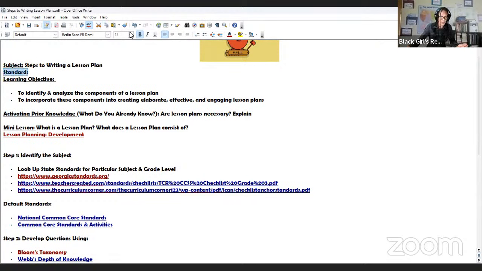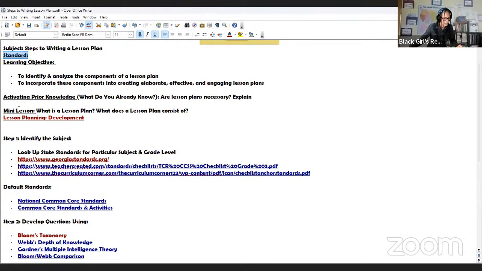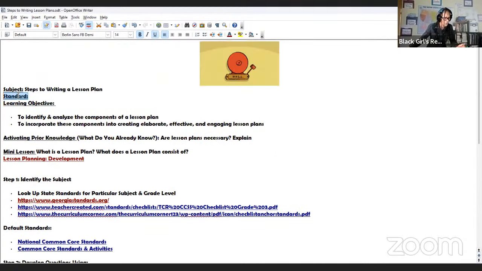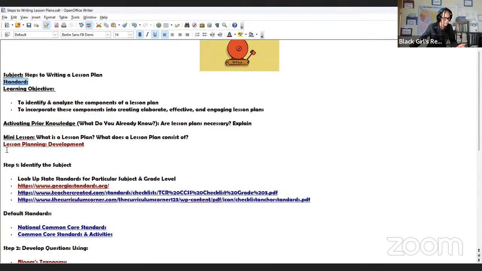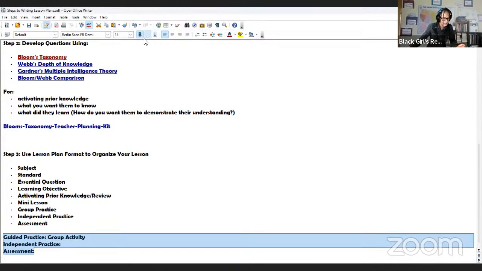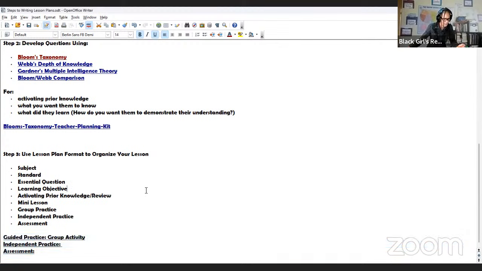From the standard, we break it down and then we create our learning objective from there. Okay, activating prior knowledge, your mini lesson. So we have 1, 2, 3, 4, 5, 6. I'm gonna underline the ones that are the components. So these right here.